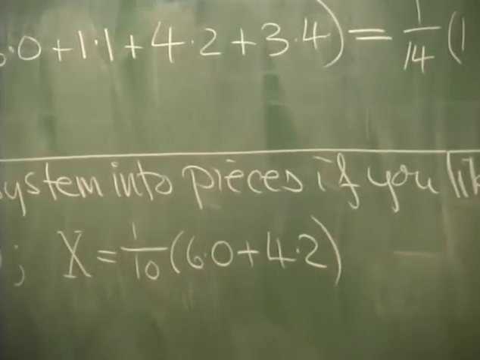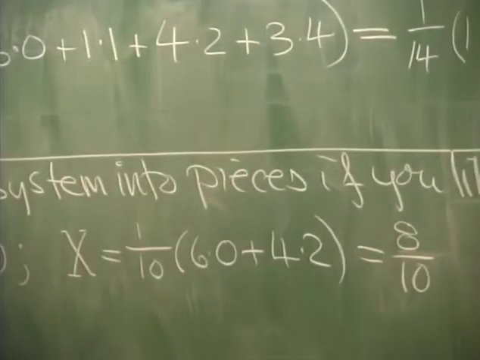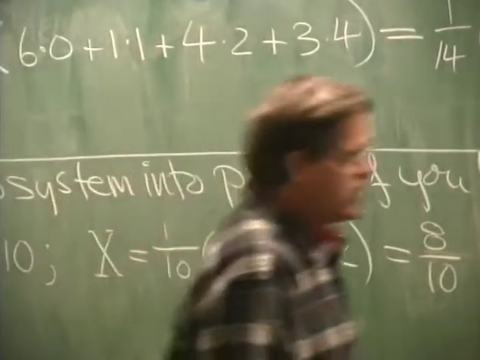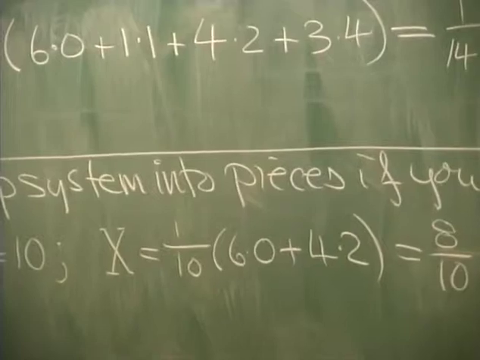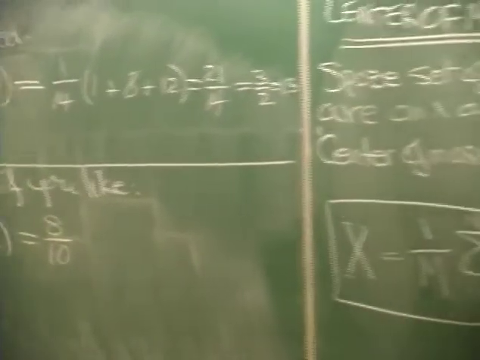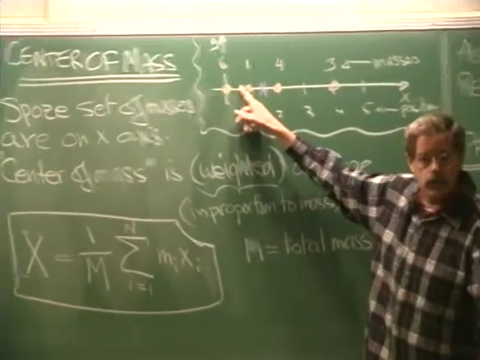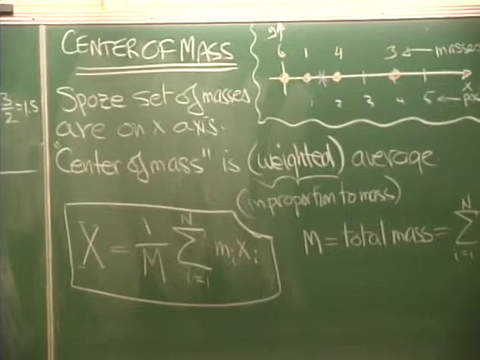So 4 2s are 8 over 10. I'll just leave it like that. So the 6 and the 4 by themselves are the equivalent of a single mass, 10, at the point 8/10. Now let's do the same for the 1 and the 3 alone.